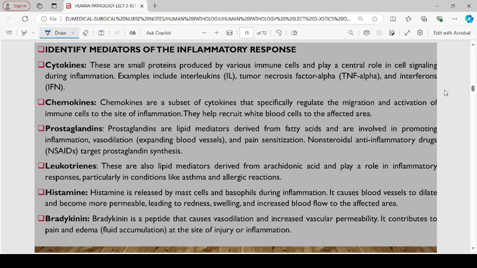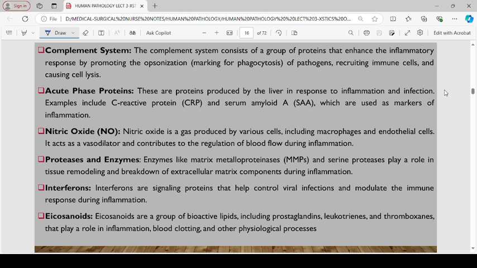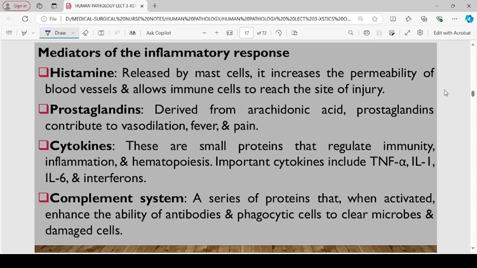Bradykinin contributes to pain and edema at the site of injury. We have other mediators like the complement system, acute phase proteins, nitric oxide, proteases and enzymes, interferons, and eicosanoids. All these are some of the mediators of inflammatory response.